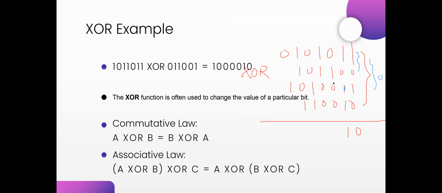Is there any faster way I can tell if each digit is 0 or 1 when I XOR all the numbers? So for example, for me, this is 1, this is 0, this is 0, this is 1, this is 1. I can do it really fast. Why?